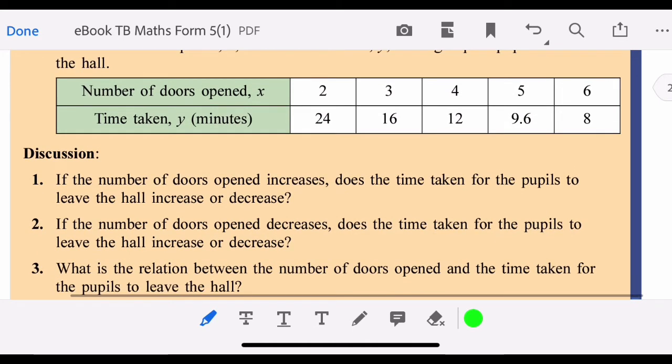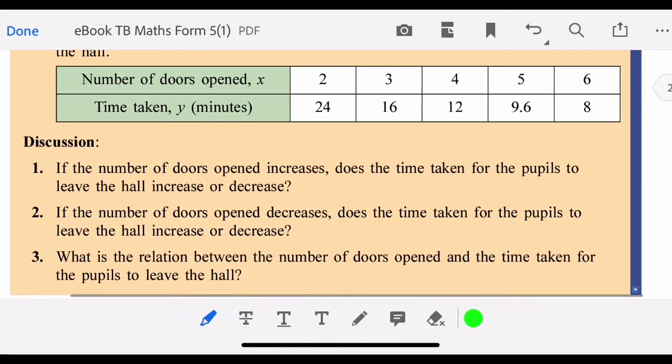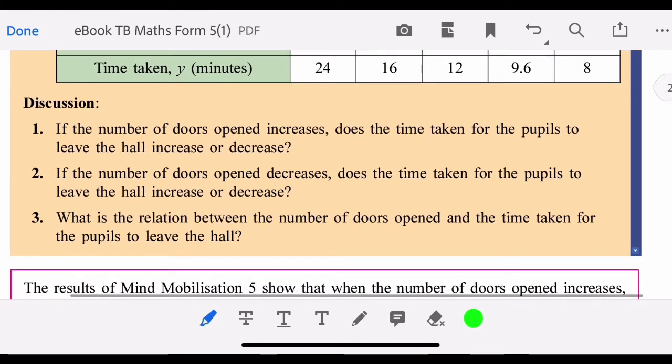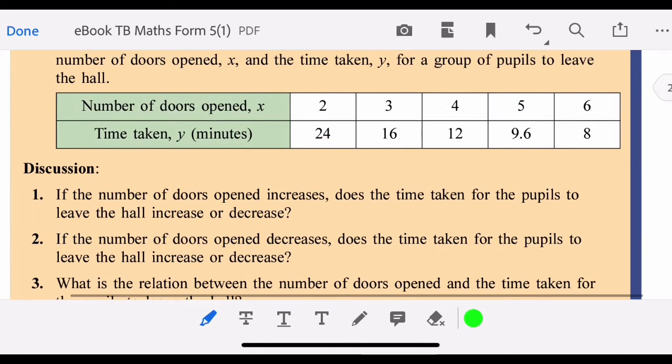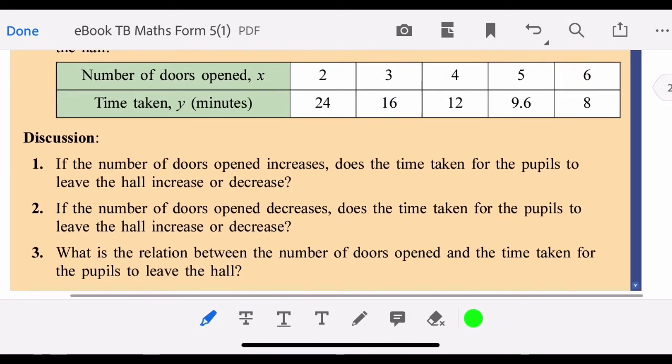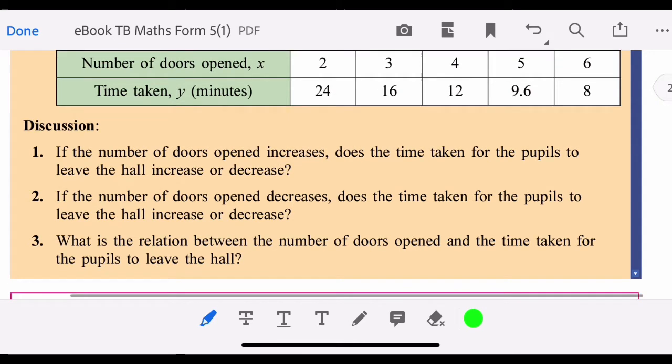So when the number of doors open increases, does the time taken for the pupils to leave the hall increase or decrease? Alright, as you can see, when the number of doors increases from 2, 3, 4, 5, 6, the time taken actually decreases from 24, 16, 12, 9.6 and 8, right?